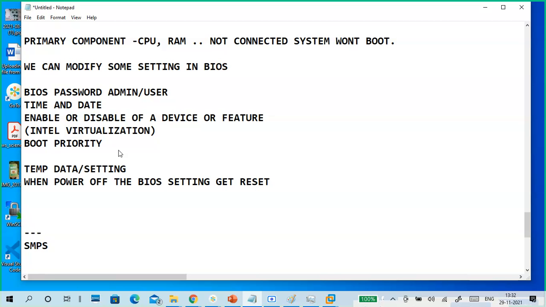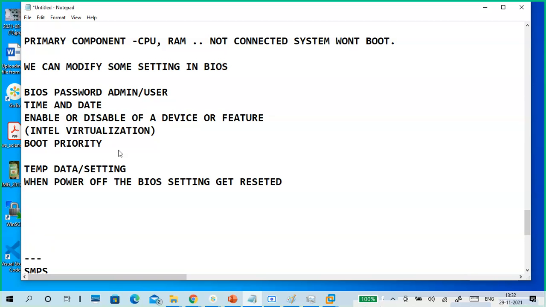You remember old style feature phones? When you remove the battery, the current contact numbers, dial history, missed call history, time, these will be reset, right? Same thing: when power is off, BIOS settings get reset.